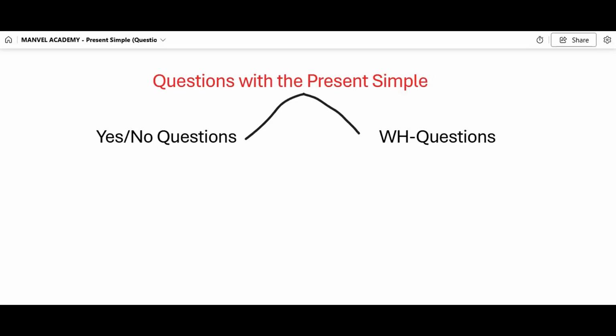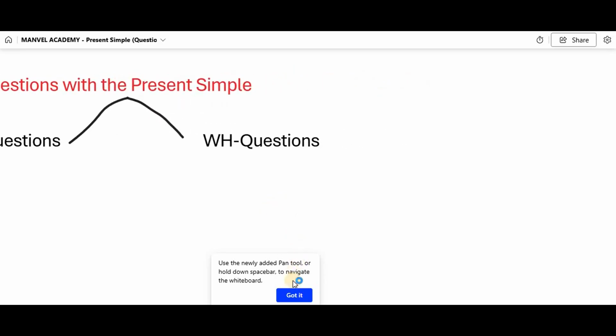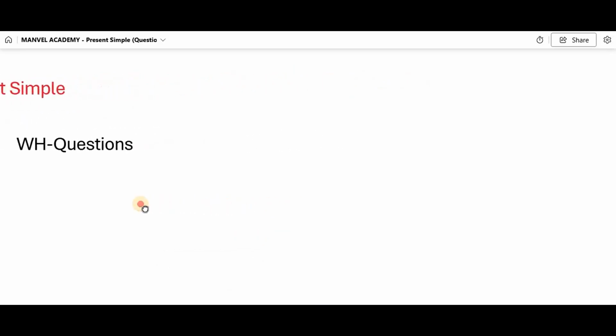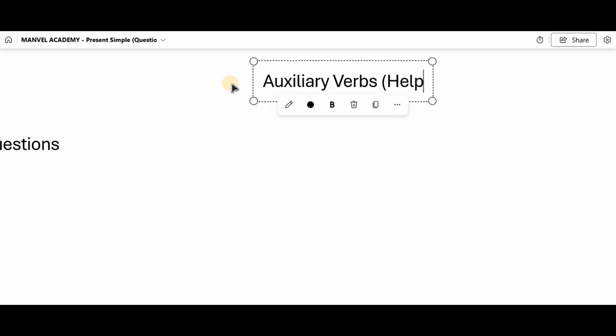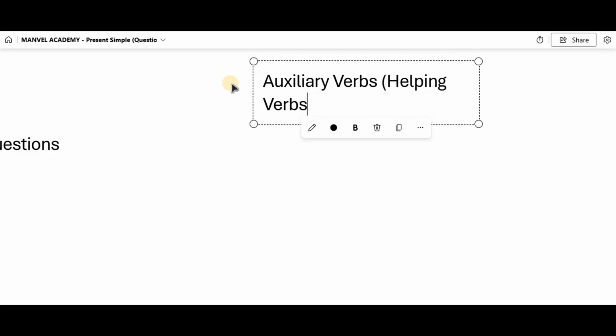But before we take these two types, let's talk about another thing. Pay attention, because this is very important to know so I can form a question: auxiliary verbs, or helping verbs.